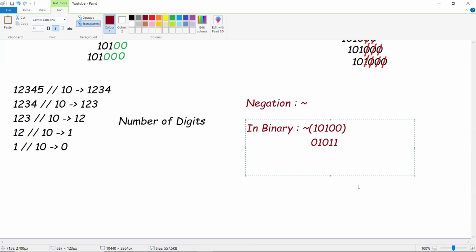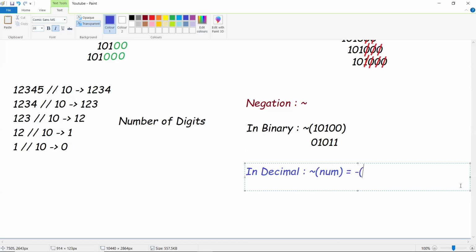But normally when we try to do negation, we will be working in the decimal system. Let's also check what is the value of negation in decimal base. So basically negation of any number in decimal base, we would get the value minus of number plus 1.